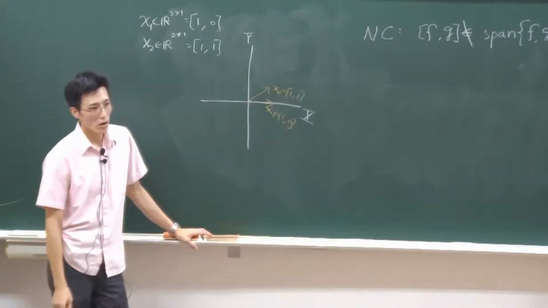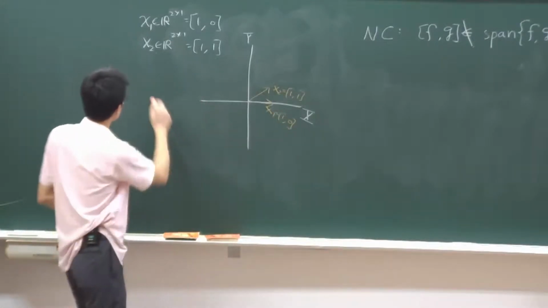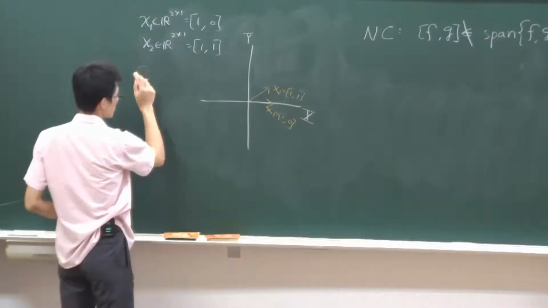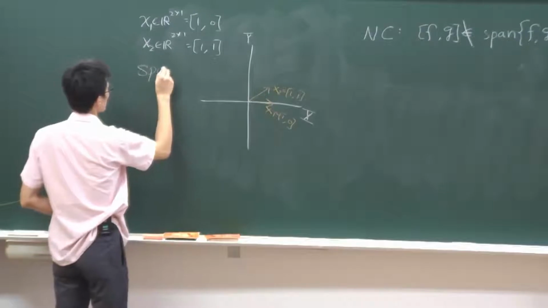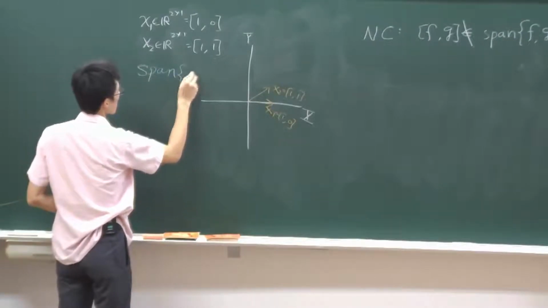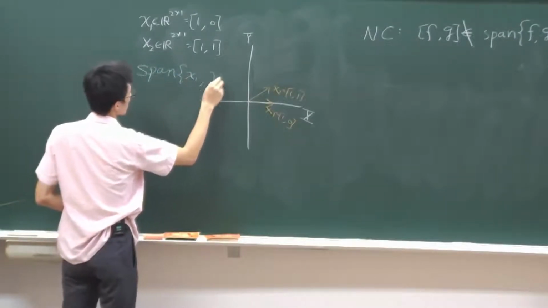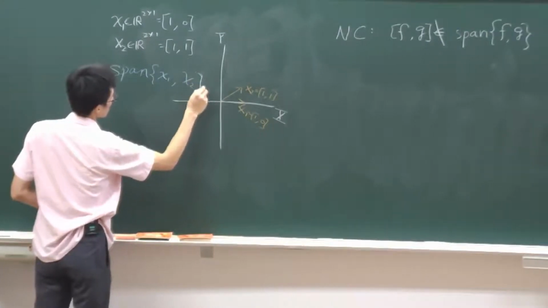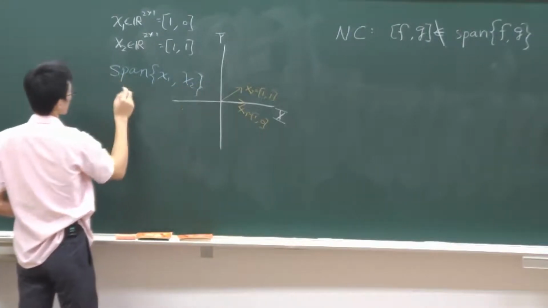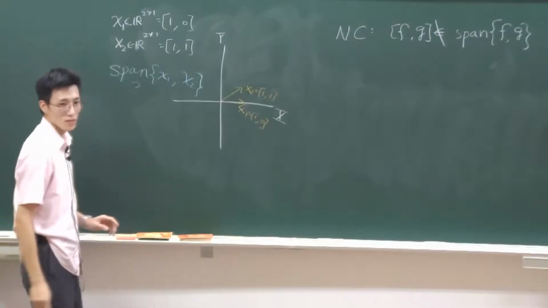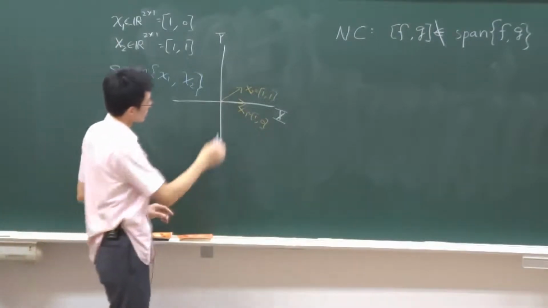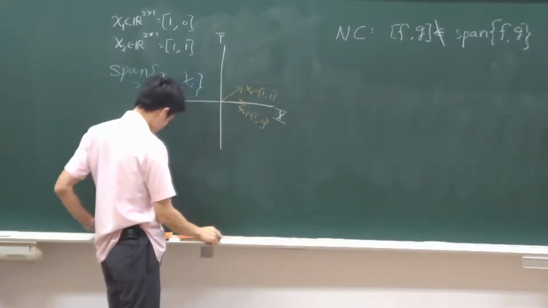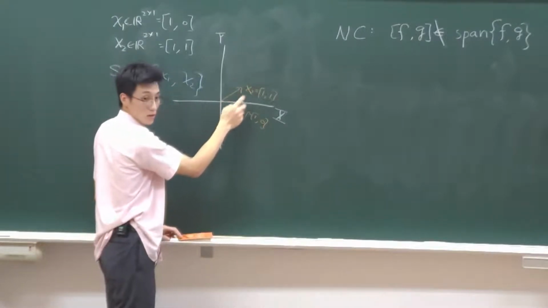What is the span of x1 and x2? It's a linear combination of these two.